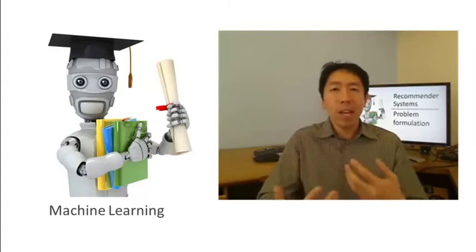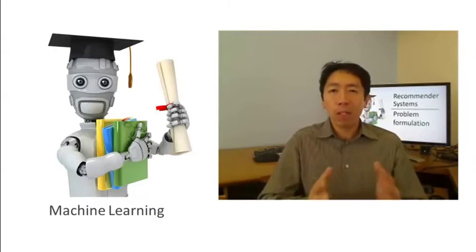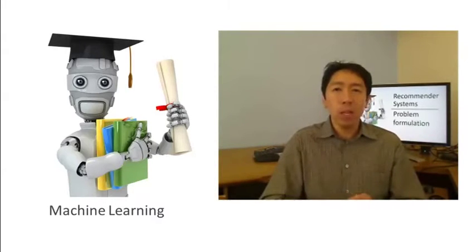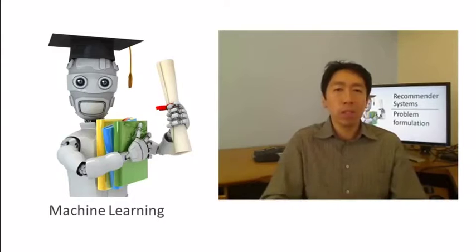So rather than trying to hand design or hand code the features, which is mostly what I've been doing so far, there are a few settings where you might be able to have an algorithm just learn what features to use. Recommender systems is just one example of that sort of setting. There are many others, but in going through recommender systems, we'll be able to go a little bit into this idea of learning the features, and you'll be able to see at least one example of this big idea in machine learning as well.